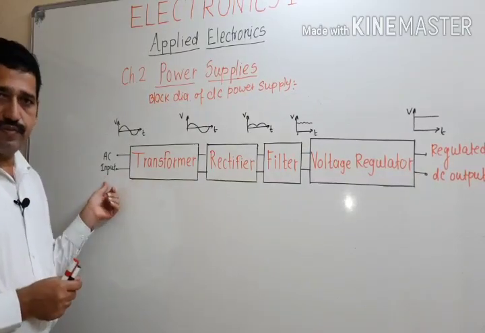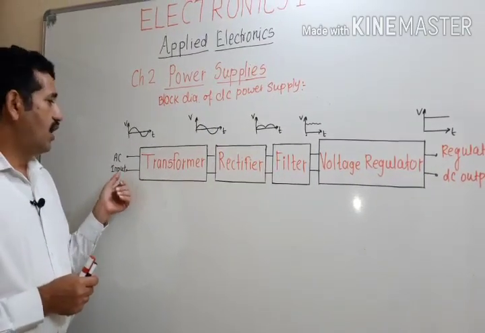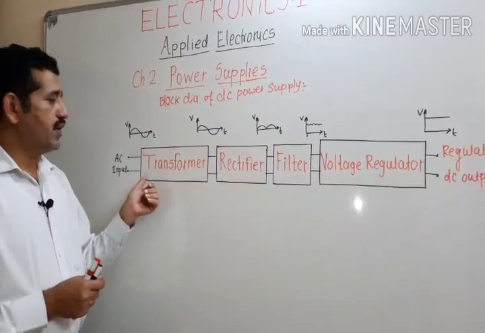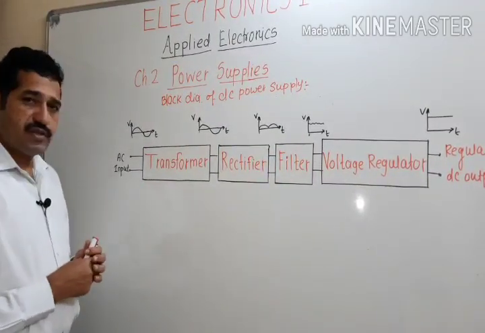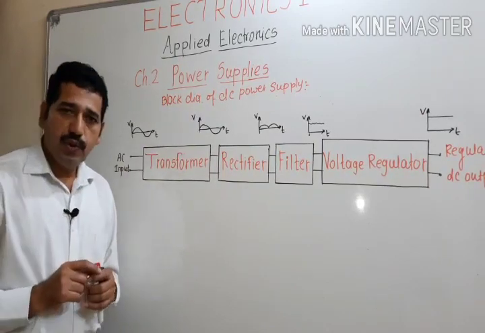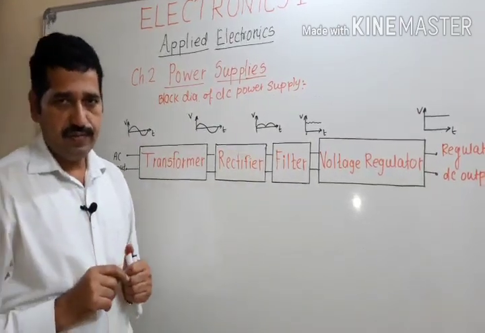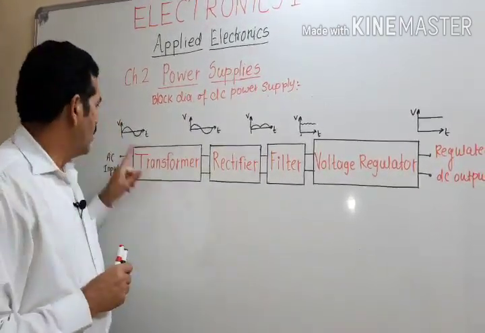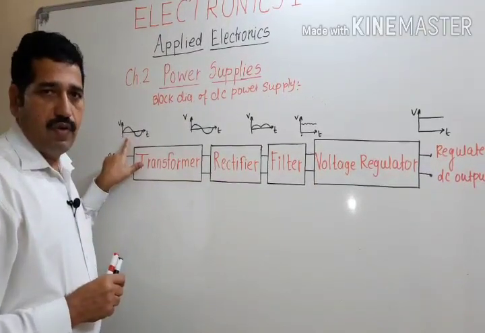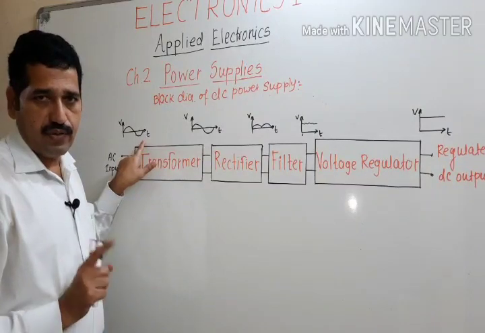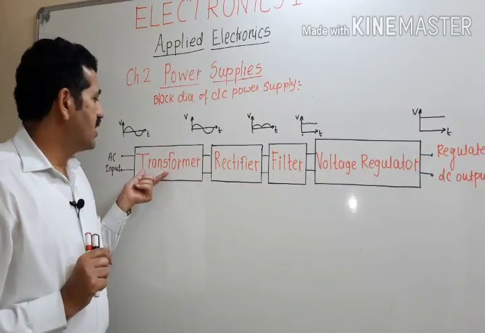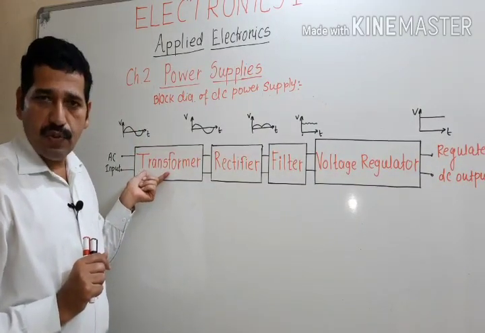AC source is applied to the primary of the transformer. AC source in India is 230 volt 50 hertz, right? The waveform is a sinusoidal waveform. It is given to the primary of the transformer.